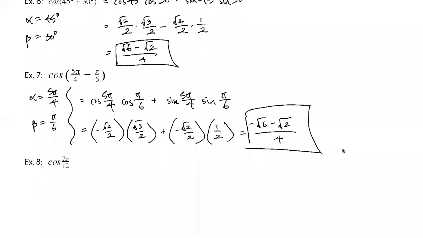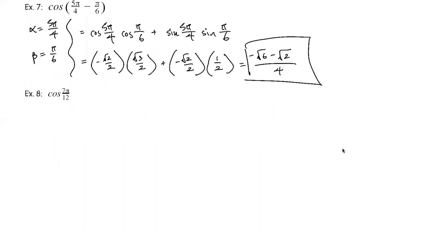Are we agreeing with the negative root 6 minus root 2 over 4? Yes. All right, thank you, Michelle. Okay. Yay. We can all be accurate with our calculations.